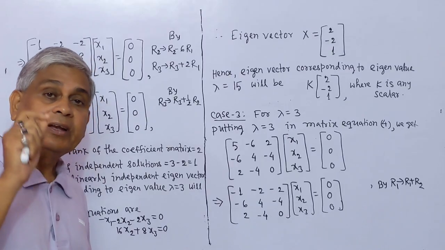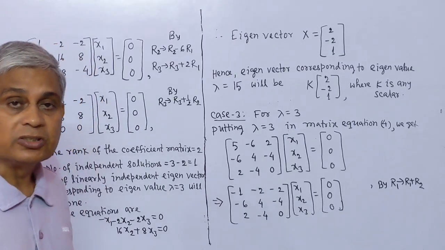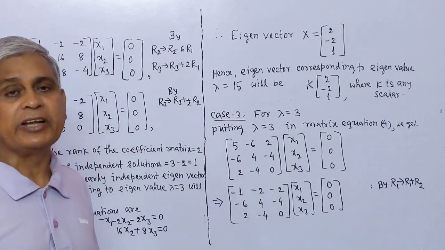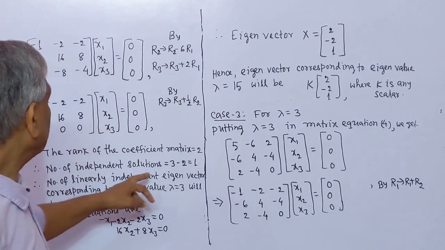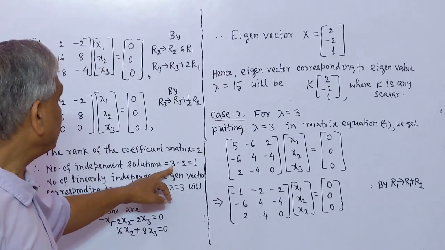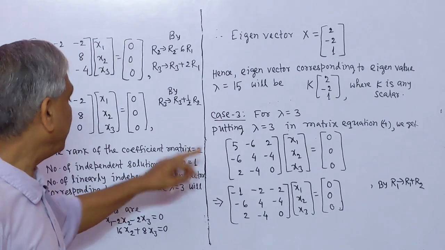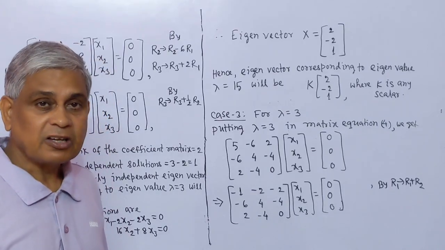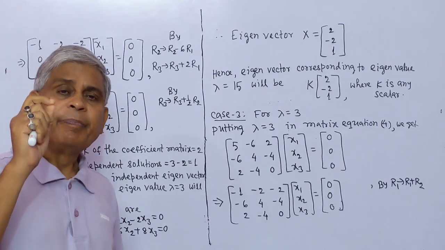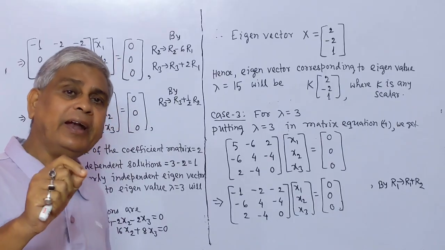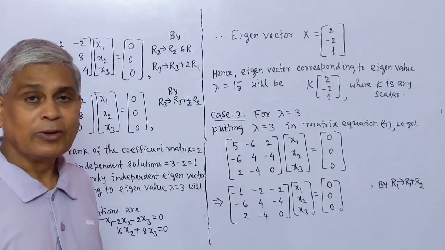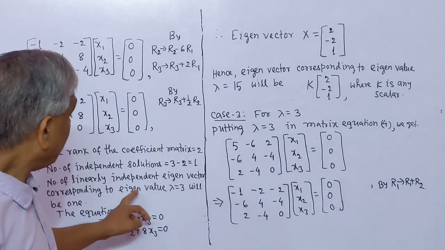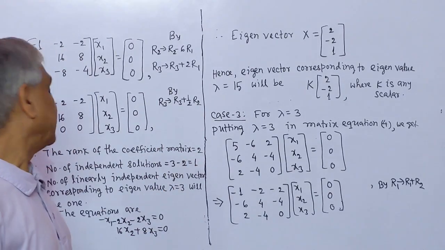Therefore, number of independent solutions equal to number of unknowns minus rank of the coefficient matrix, means 3 minus 2 equal to 1. So, number of independent eigenvectors will be 1, corresponding to the eigenvalue lambda equal to 3.